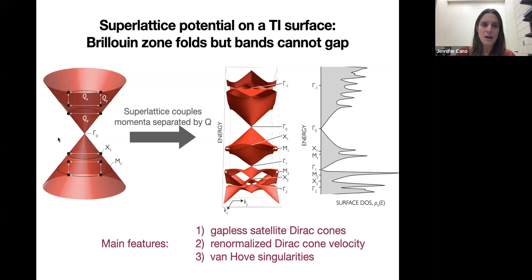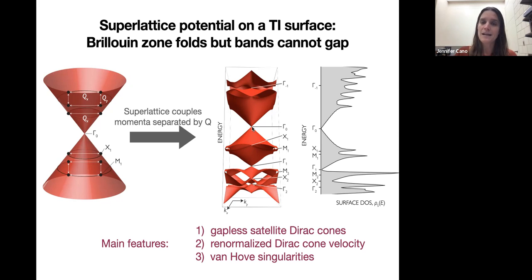That makes a Dirac cone like this be folded into some more complex configuration, which is shown over here. What you can see from this configuration is that you still can't have any band gaps, because this is the surface of a topological insulator, and the anomalous surface state cannot be gapped, because so far we haven't said anything about Coulomb interaction.